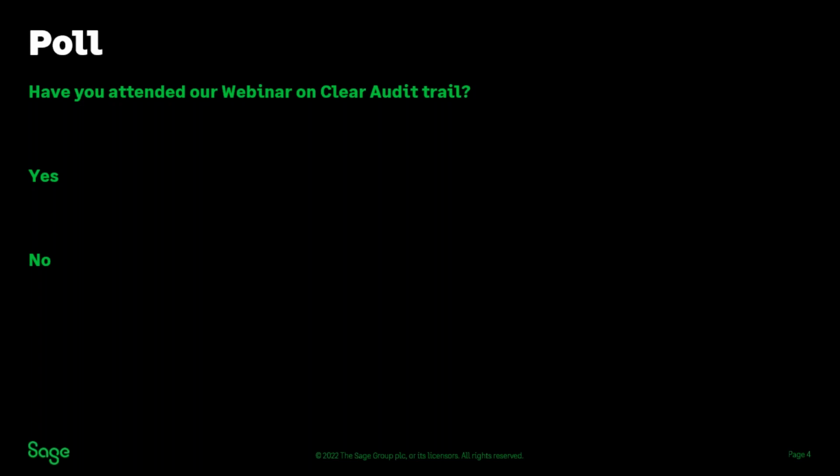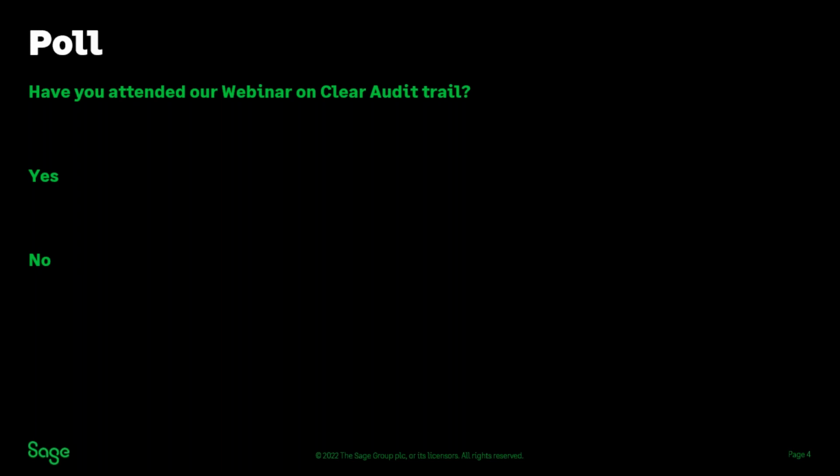So the majority of you haven't seen the webinar on Clear Audit Trail. Now, I would advise that we are going to talk about Clear Audit Trail a lot. I'm going to try and give you an overview of that process, but we do have a recording available that you may want to watch after this session just to understand that process as well, because a lot of what we're going to do today is reliant on a Clear Audit Trail being run.